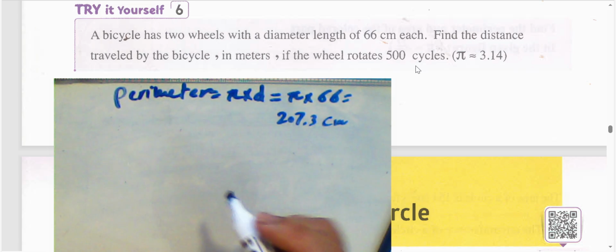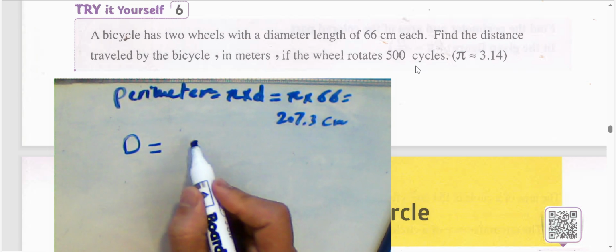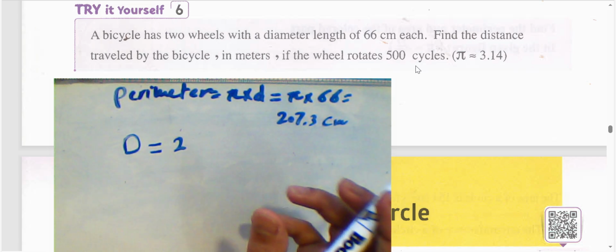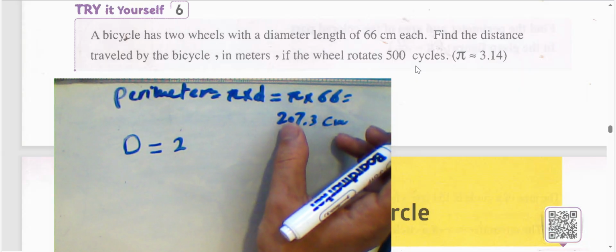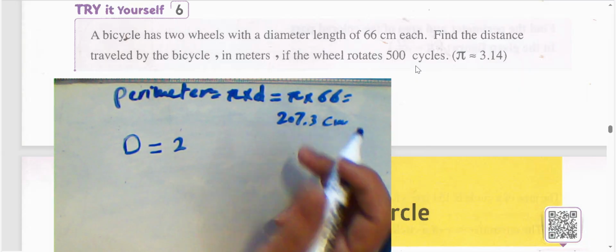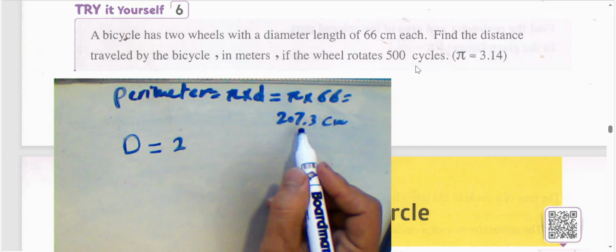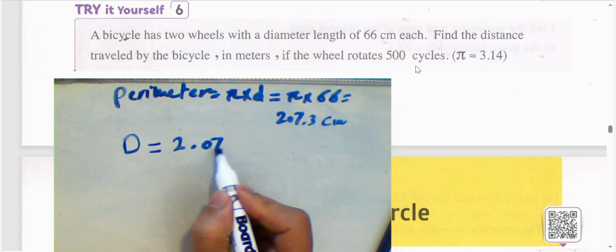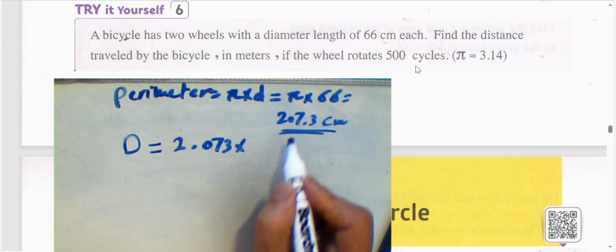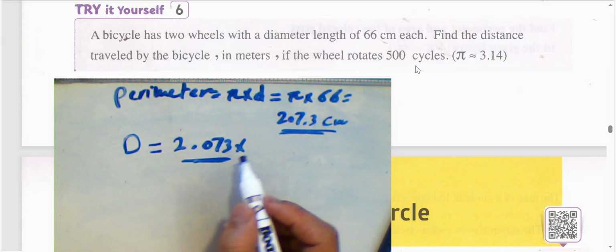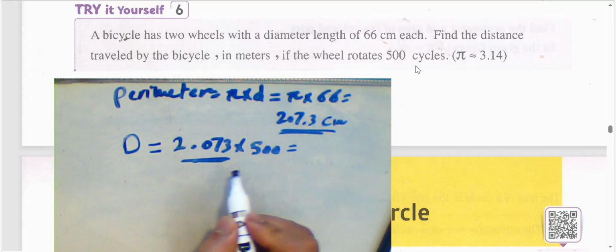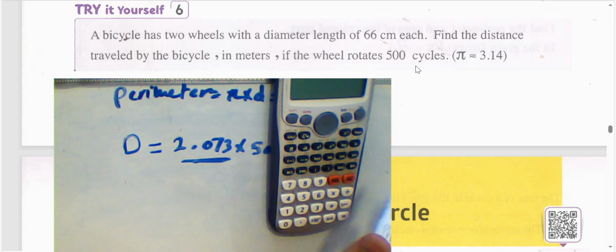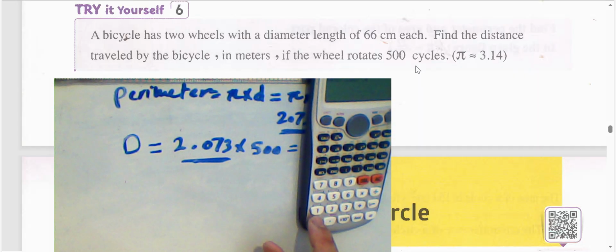And we want to find the distance. The distance, okay, if we want to find the distance in meter, you must convert from centimeter to meter by dividing by 100. Divided by 100, 2.073. Okay, I convert from centimeter to meter by dividing by 100. And then times 500. I will divide it by 100 first and then times 500.